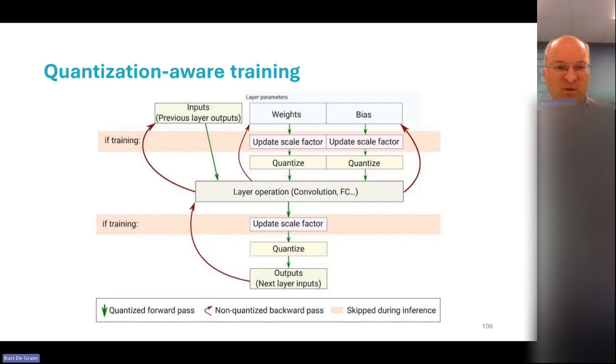So you do the quantization during inference. So the forward pass here in this diagram is the downwards direction, and then during backpropagation of the loss, you skip the quantization.